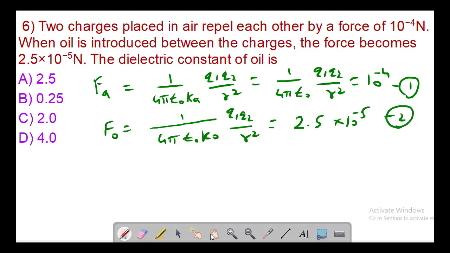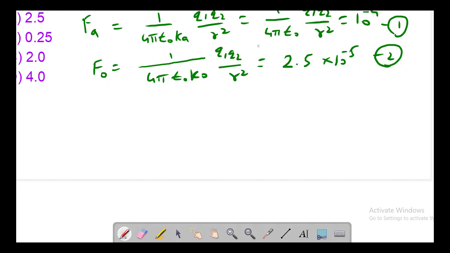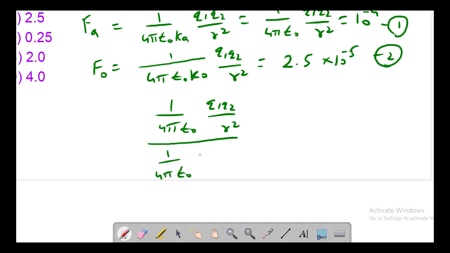So if we divide 1 by 2, what we get, I will write it here. In 1 we have 1 upon 4 pi epsilon 0 Q1 Q2 upon R square, and for oil we have 1 upon 4 pi epsilon 0 KO Q1 Q2 upon R square. This is 10 to minus 4, and this is 2.5 times 10 to minus 5.